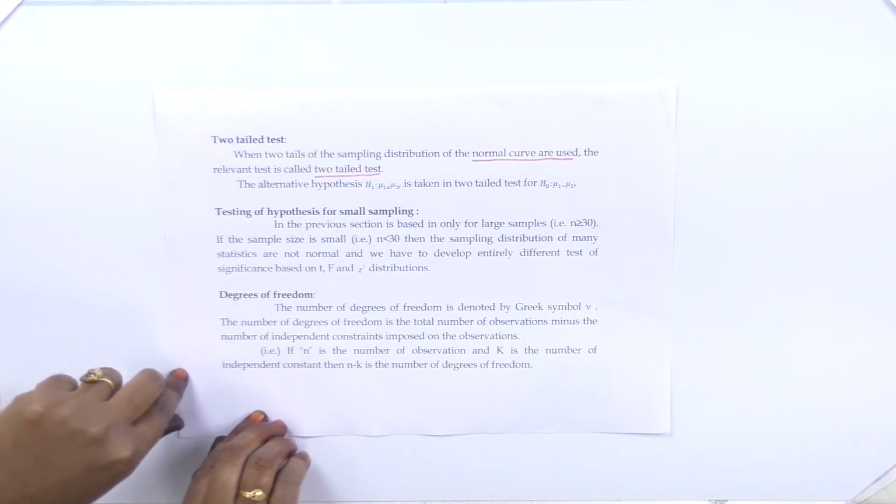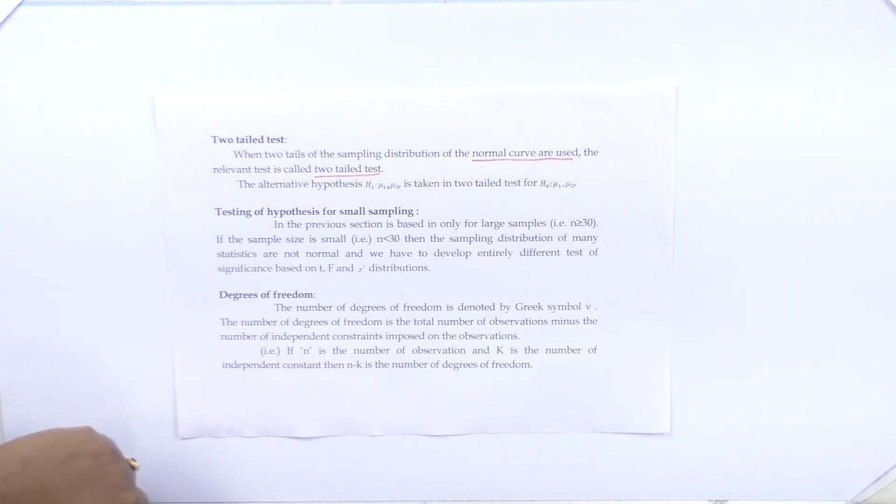We have two types of samples, depending on the sample size. If the sample size n is greater than or equal to 30, we use a large sample. If n is less than 30, we use a small sample.